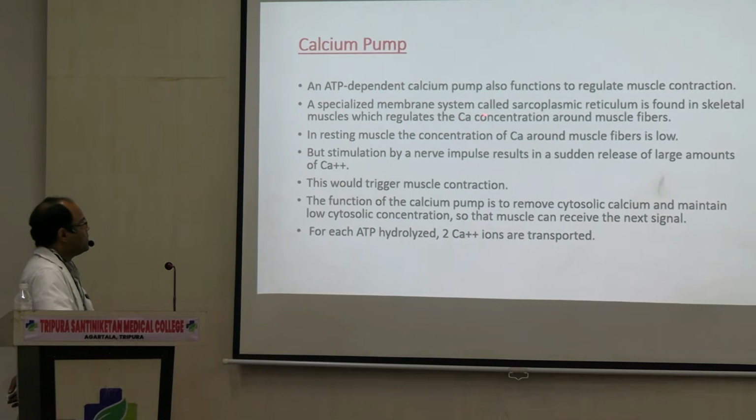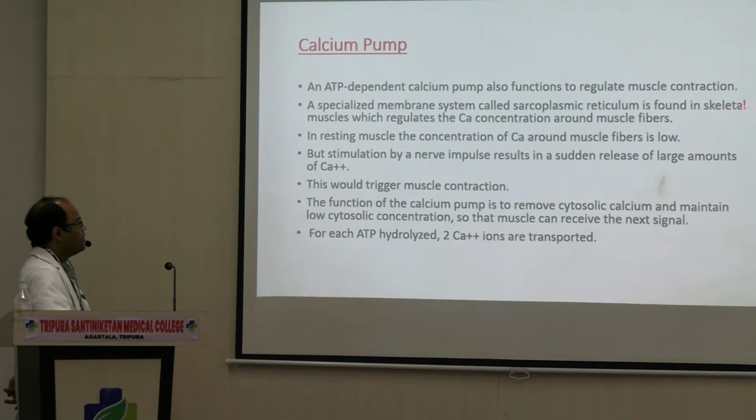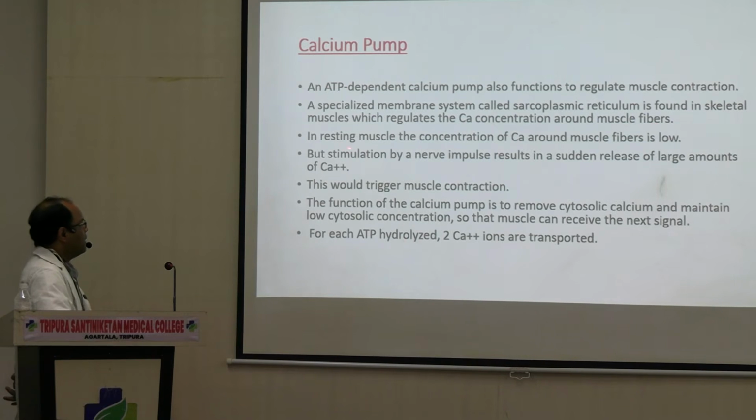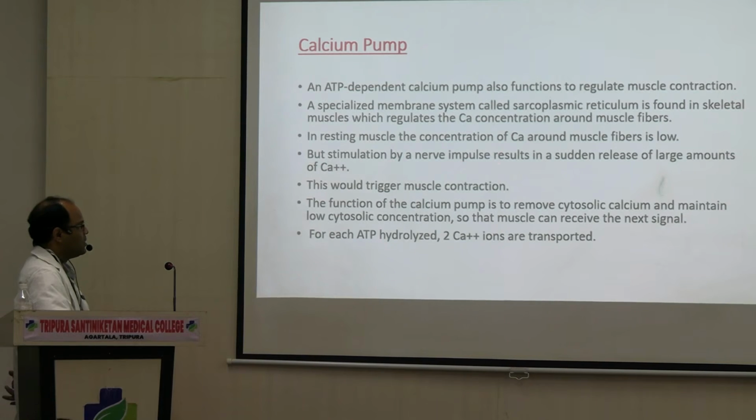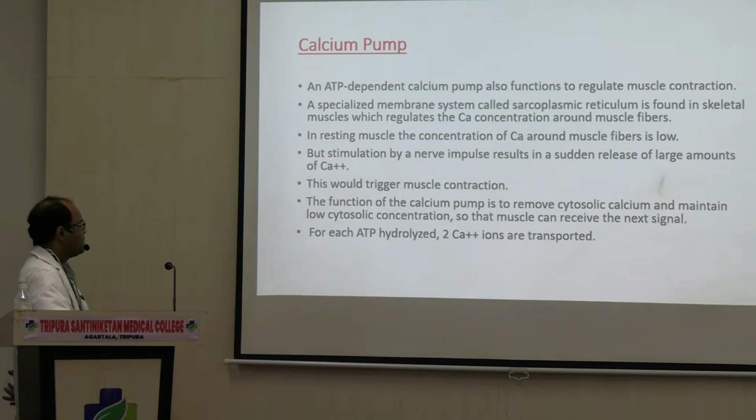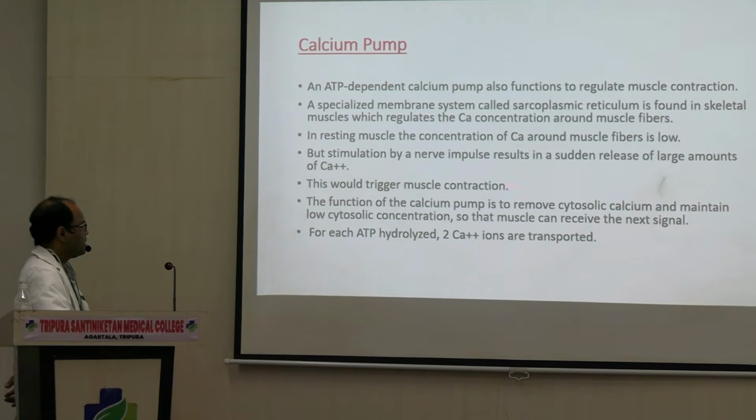A membrane system called sarcoplasmic reticulum is found in skeletal muscle, which regulates calcium concentration around the muscle fiber. In resting muscle, the concentration of calcium around the muscle fiber is low. Fast stimulation by nerve impulse results in sudden release of a large amount of calcium ions. This triggers muscle contraction.